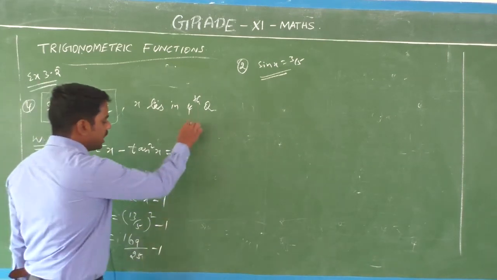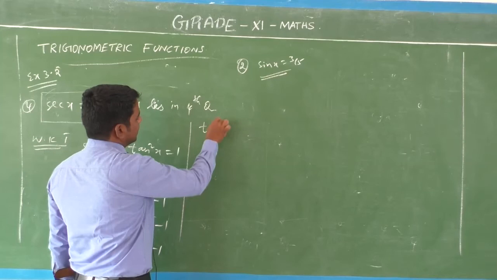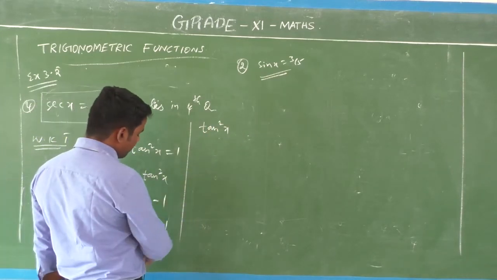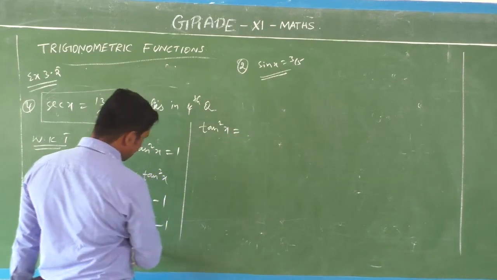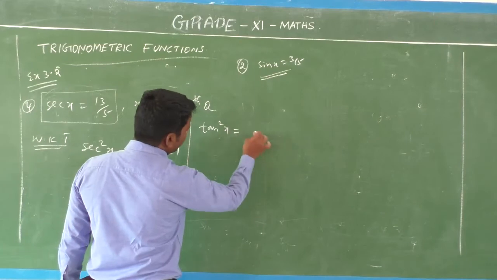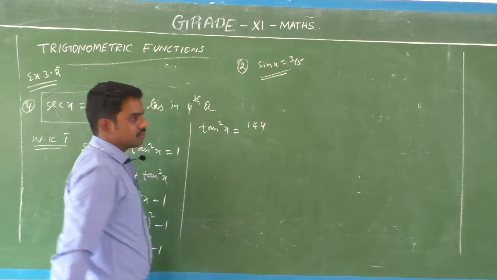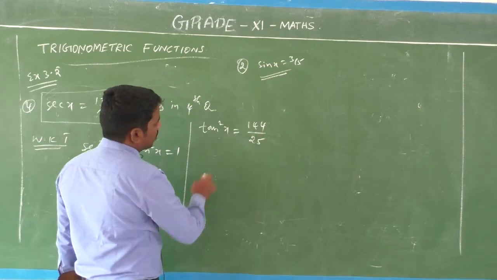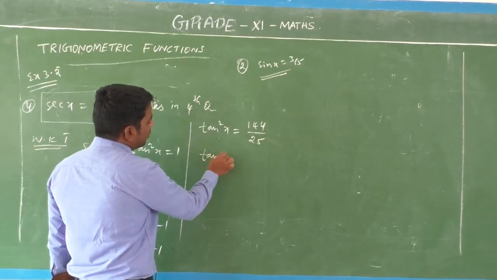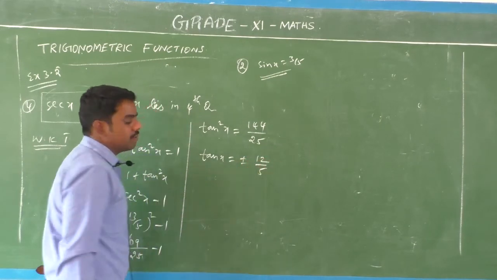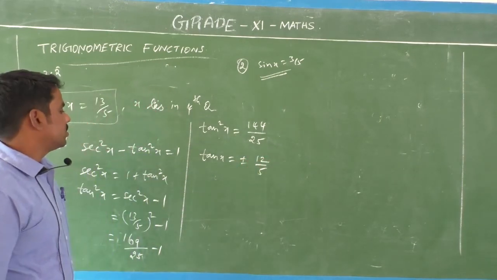So tan squared x equal to 169 divided by 25 minus 1, which is 169 minus 25 is 144, so 144 divided by 25. And tan x value is plus or minus 12 by 5.